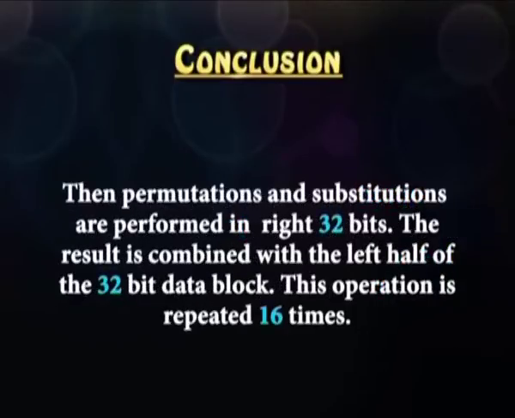Then permutation and substitutions are performed on the right 32 bits. The result is combined with the left half of the 32-bit data block. This operation is repeated 16 times. Then left and right parts are swapped, and in the last step the data block is permuted with the final permutation.